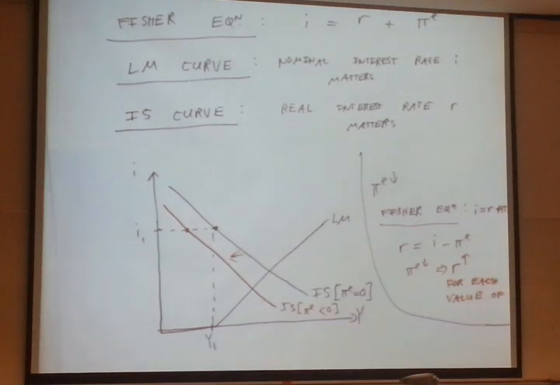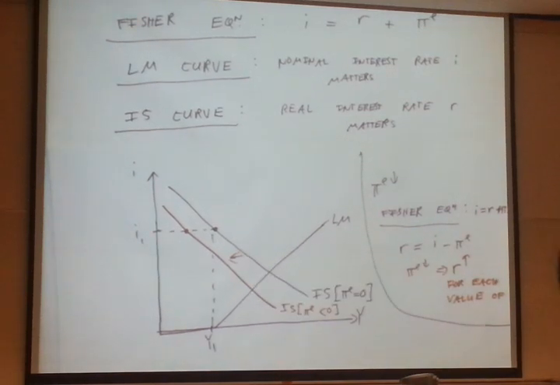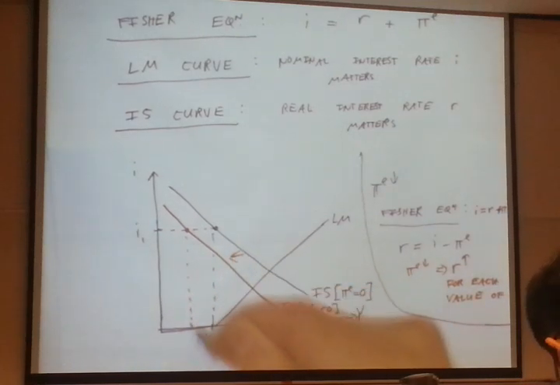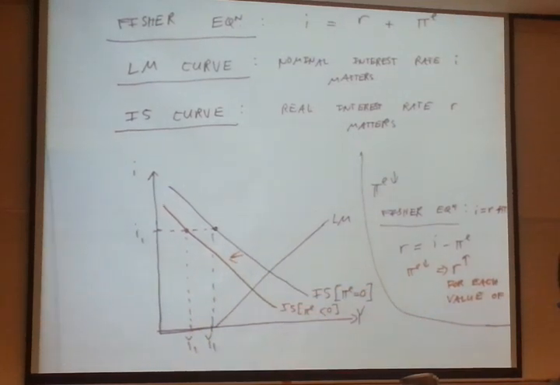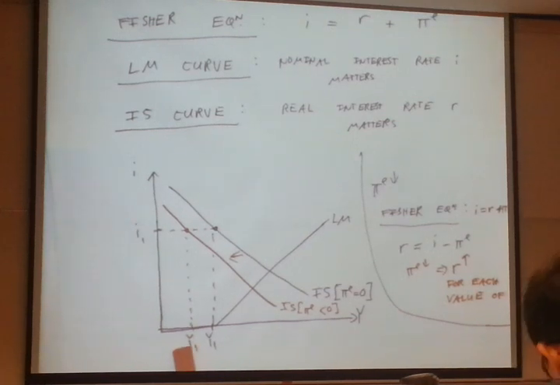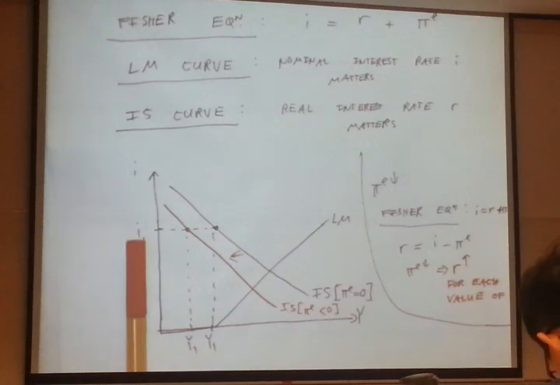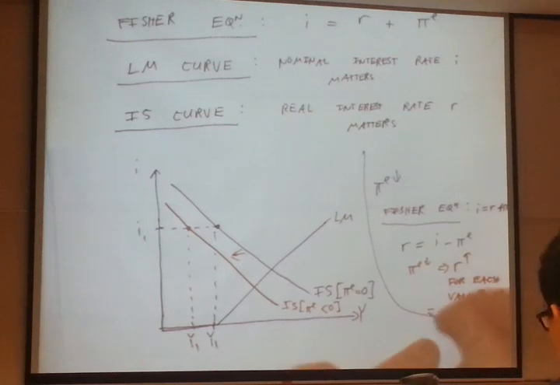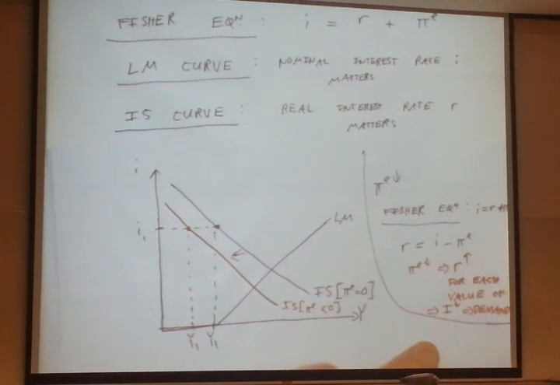Demand is basically falling because firms are less willing to invest, just like in the example I gave. So the level of output that's consistent with goods market equilibrium at that interest rate is now lower. Basically, investment demand is going down. Overall demand is down.